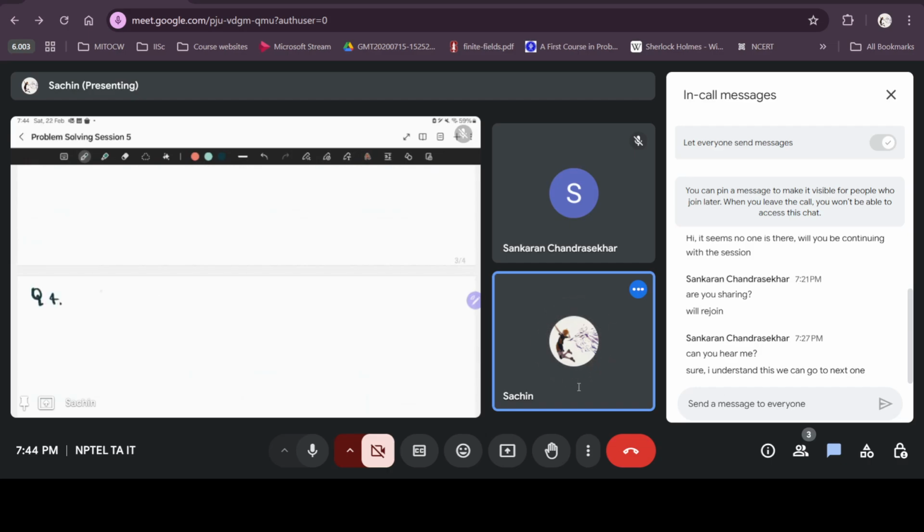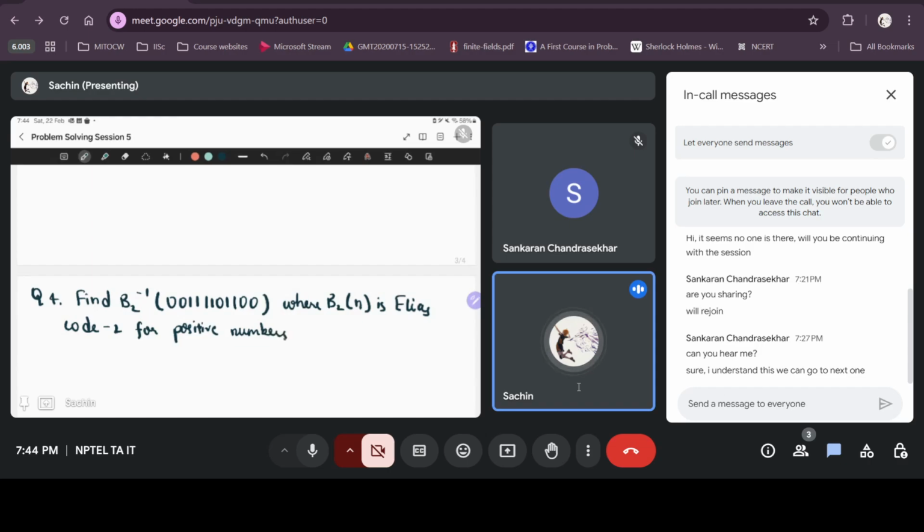Question 4. Find B2 inverse of 0, 0, 1, 1, 1, 1, 0, 1, 1, 0, 0, where B2 of n is Elias 2 code for positive numbers.